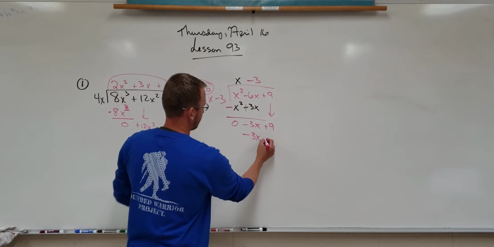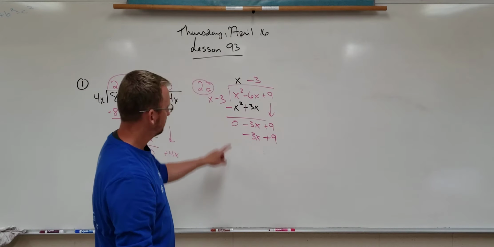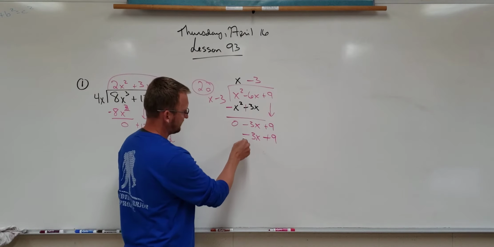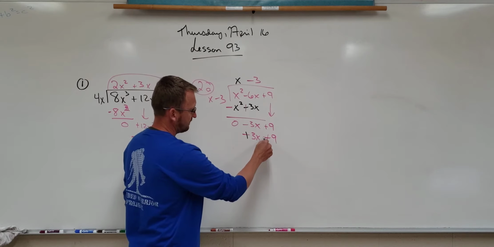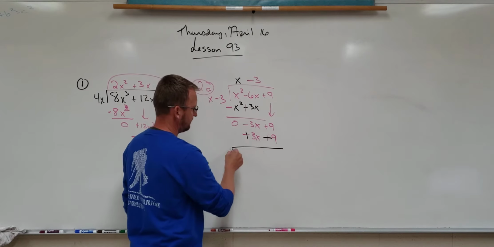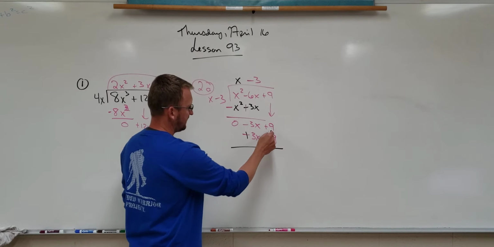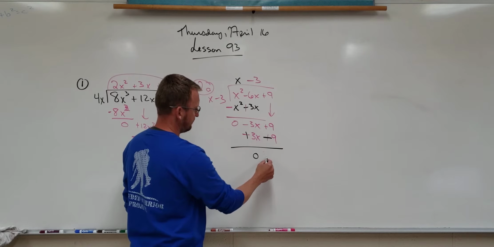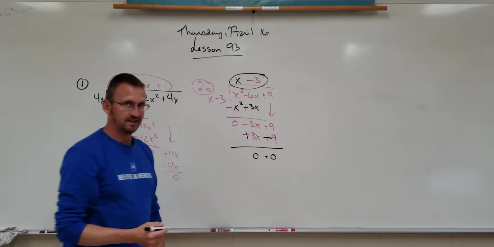Negative 3 times negative 3, positive 9. Don't forget, I've got to subtract. If I subtract the negative, it becomes positive. If I subtract the positive, it becomes negative. Negative 3 plus 3, 0. Positive 9 minus 9, 0. So 0 plus 0. So this one comes out even.